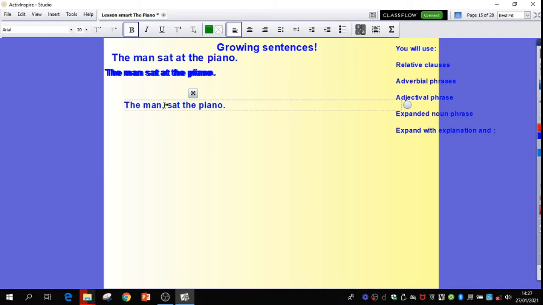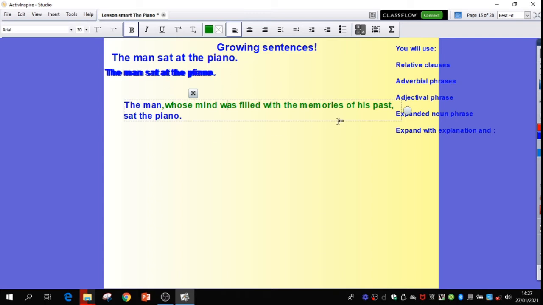Let me think. Okay, I'm going to talk about his memory. The man whose mind was filled with the memories of his past, comma, sat at the piano. So the man whose mind was filled with the memories of his past sat at the piano.